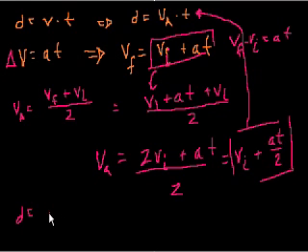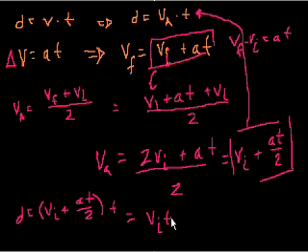Well, that's this. Vi plus AT over 2 times time. And if we just distribute that t, we have the initial velocity times time plus acceleration times time squared over 2.